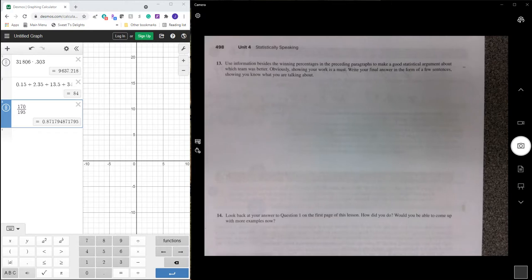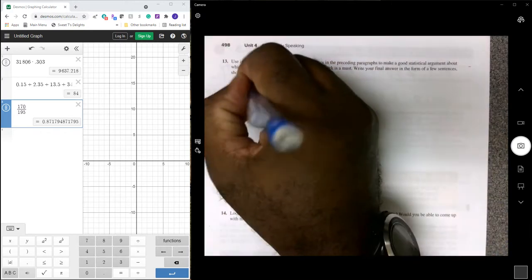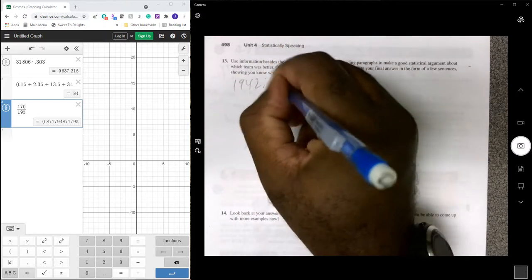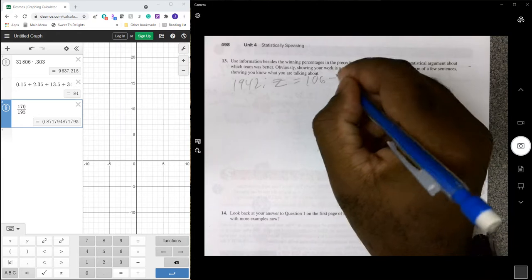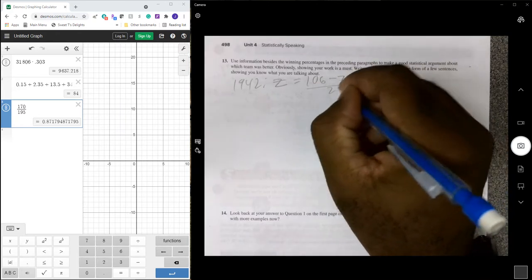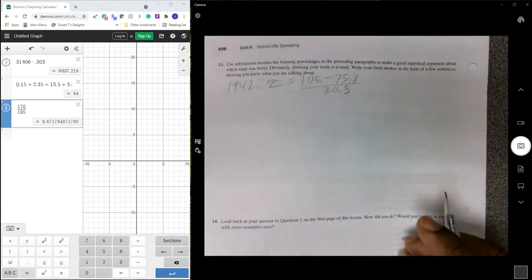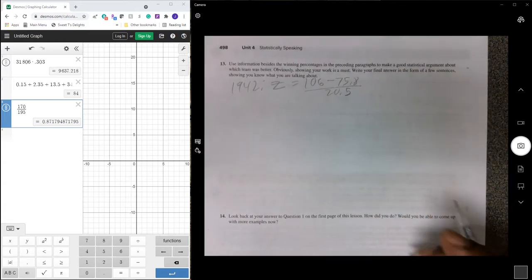Okay, so now we do these z-scores. For 1942, we have our z equal to 106 minus 75.8 divided by 20.5. We got all this information from the previous problem.